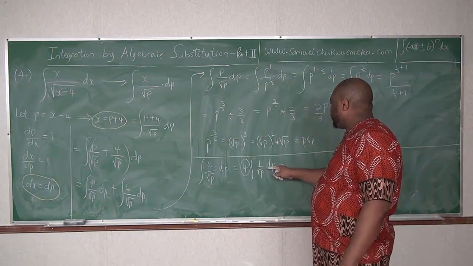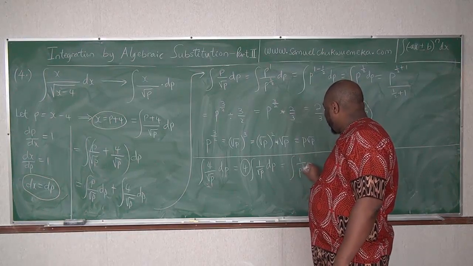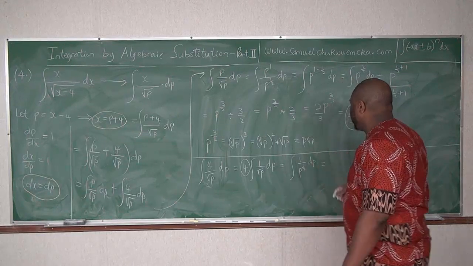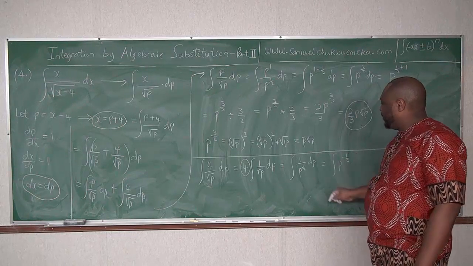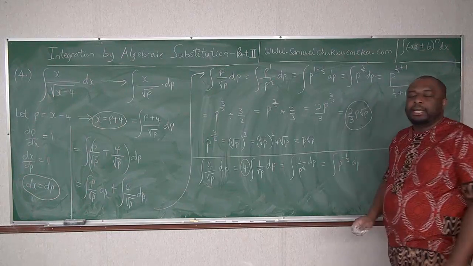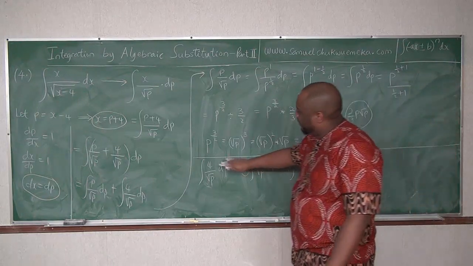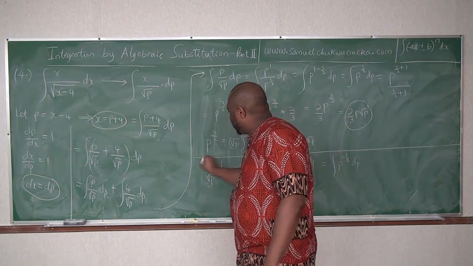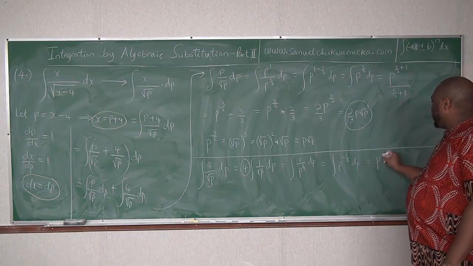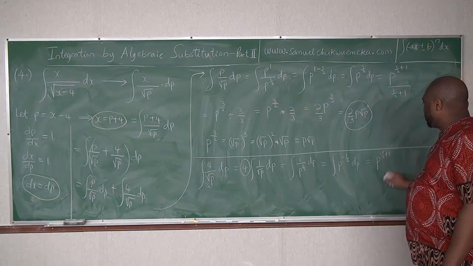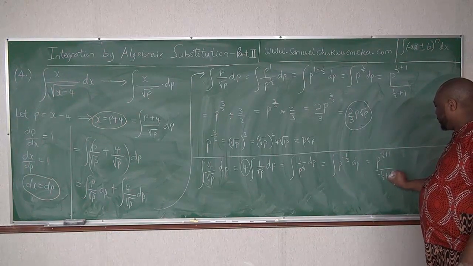So now we have integral of 1 over p exponent 1/2 dp, which by the law of exponents is integral of p exponent negative 1/2 dp. Let me write this integral well. This is equal to p exponent negative 1/2 plus 1 all over negative 1/2 plus 1.